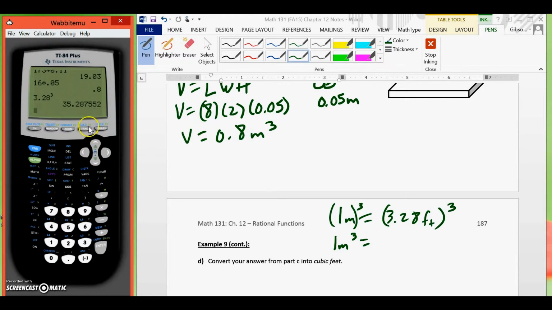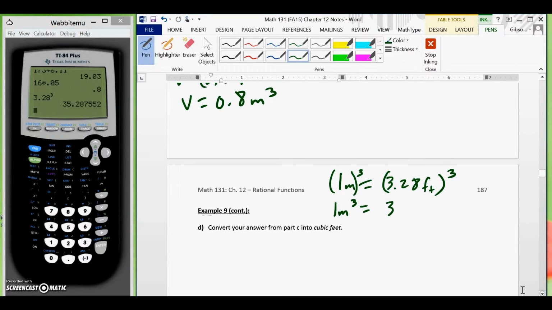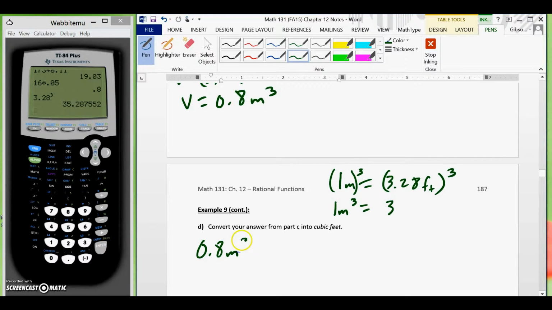And that will give us 35.287552. Well, actually, they asked us to write this as cubic feet. So this is what we would do. We would have our 0.8 meters cubed multiplied by, 1 cubic meter is the same as 3.28 feet cubed.